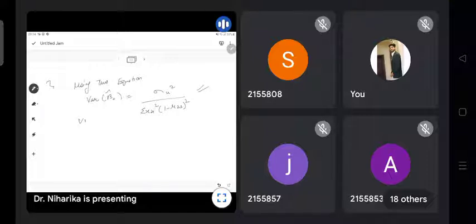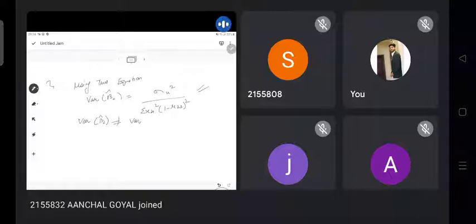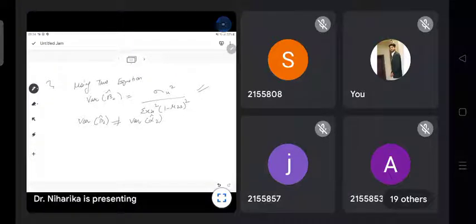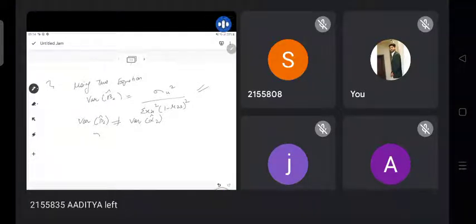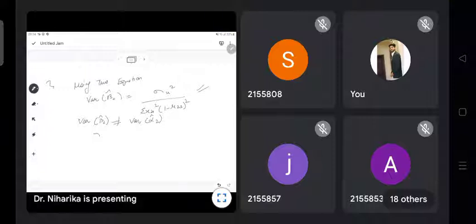Now we know that the variance of β2 cap will not be equal to the variance of alpha 2 cap, because both the models are different, right? So for β2, our error term is mu, so its variance will be sigma mu square, and for alpha 2, the error term is v, so the variance will be sigma v square.